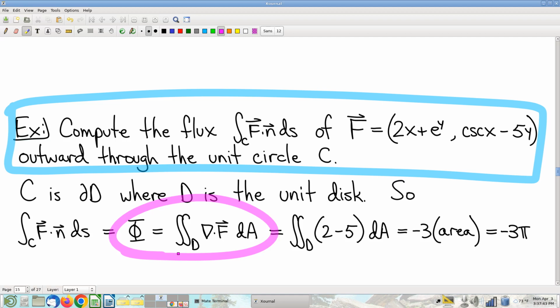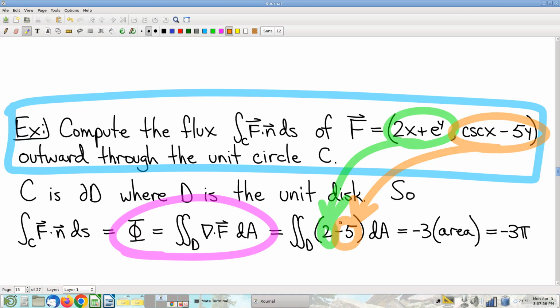And conveniently, divergence is easy to compute. We're going to take the x partial of the first component. We're going to take the y partial of the second component. Lucky break, all of the ugliest parts of the vector field disappeared. Those partial derivatives, right?